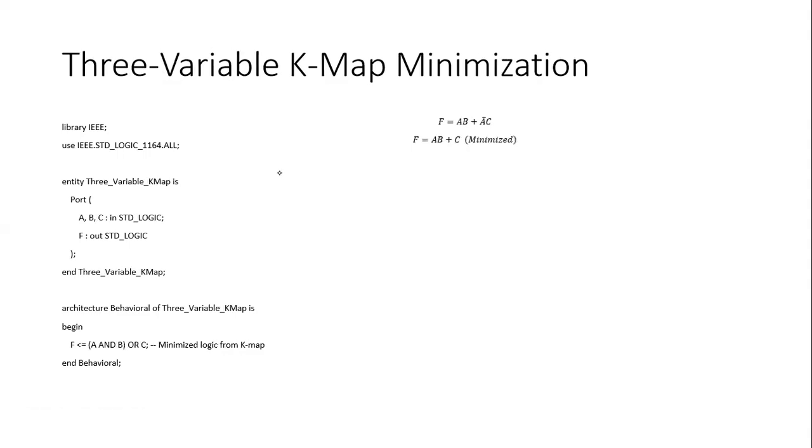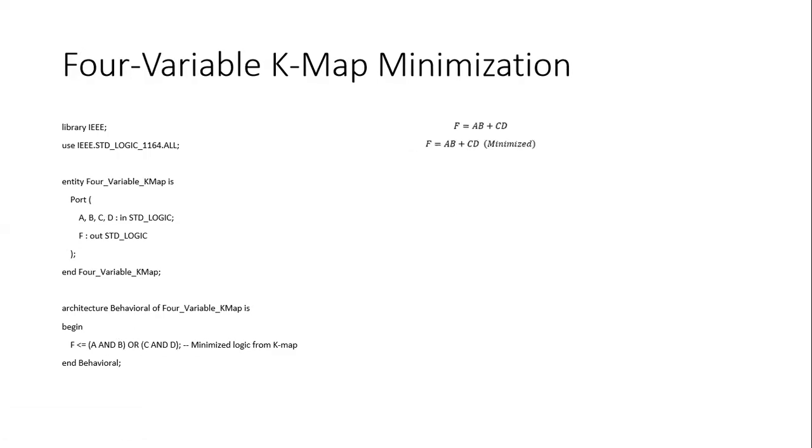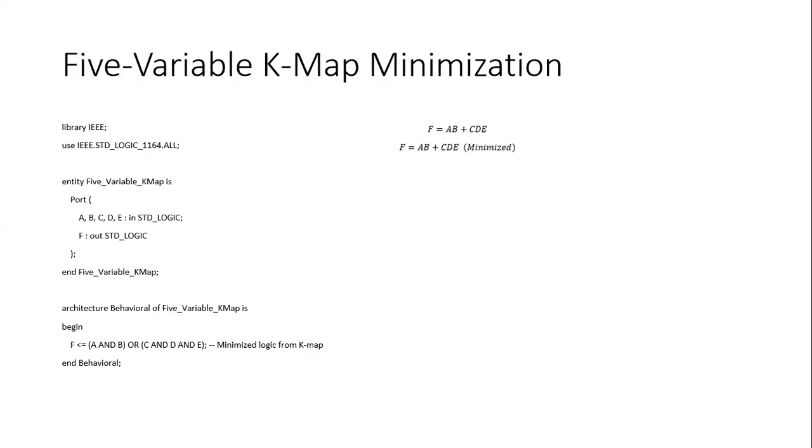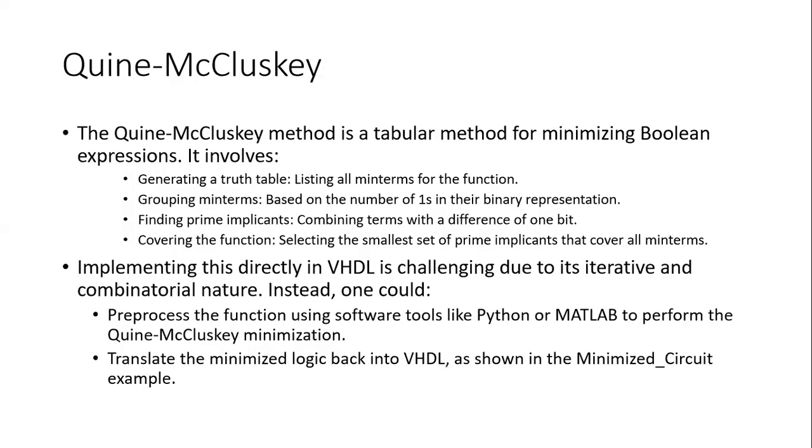The same applies for the 3 variables. You see that the final answer was implemented here, okay? And for the 4 variables, we have the same thing, and for the 5 variables, the same thing. The Quine-McCluskey is the same as what we call the tabular method.